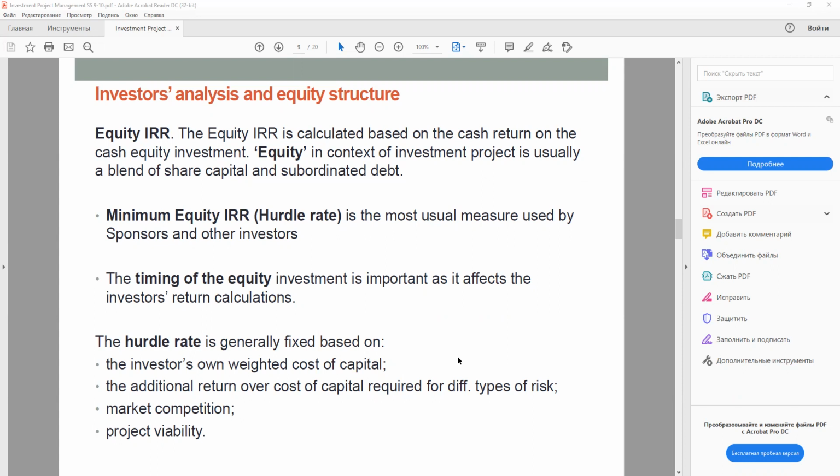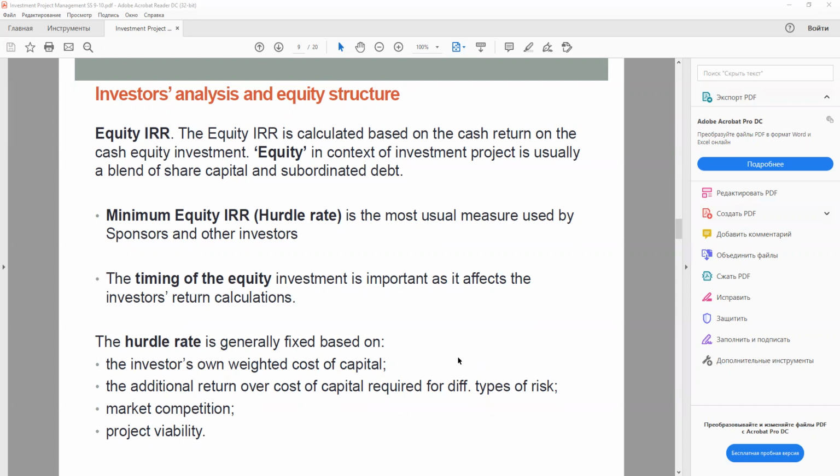The hurdle rate is generally fixed based on the investor's own weighted cost of capital, plus the additional return required for particular types of risks, which would be influenced by, for example, type of project, location, extent to which risks are hedged by project agreements, extent to which the investment adds or diminishes the spread of risk in the investor's portfolio, etc.